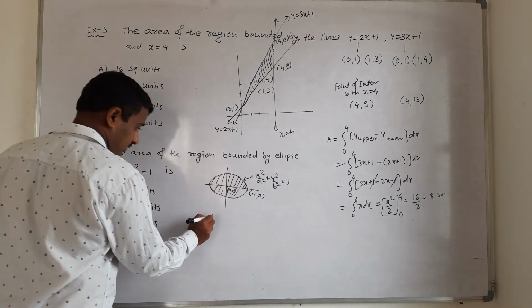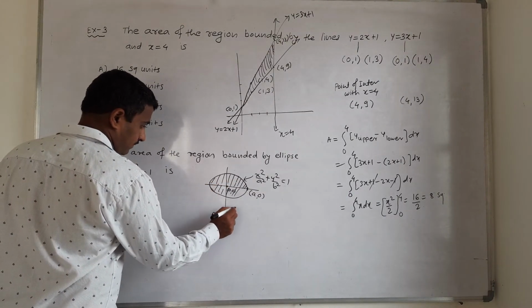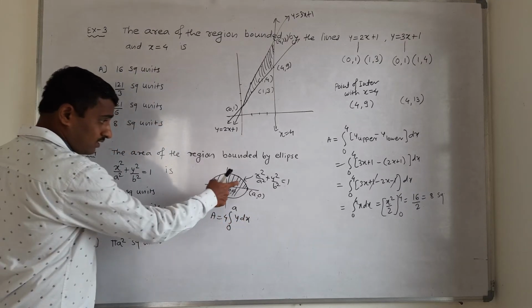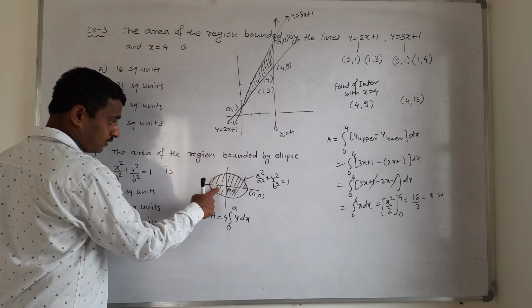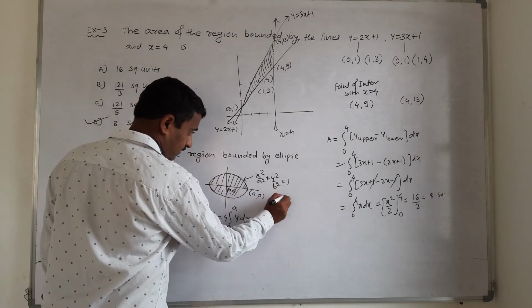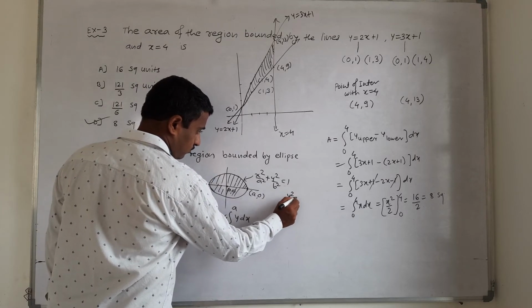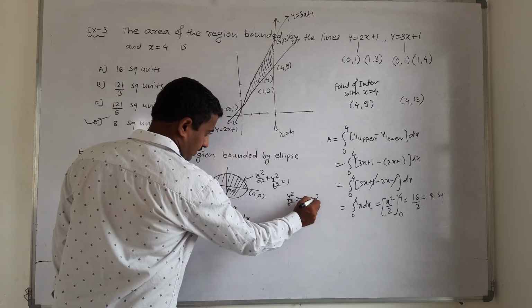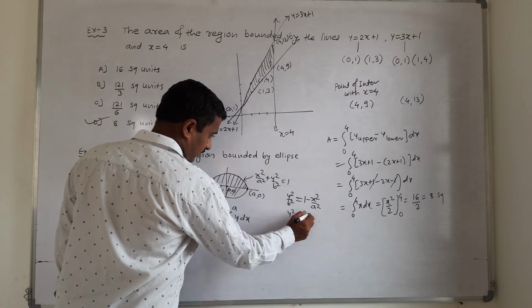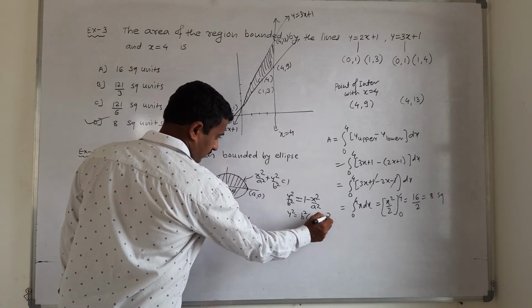That is, the required area is equal to 4 times the integral from 0 to a of y dx. It is symmetrical: 1, 2, 3, 4, therefore 4 times. Now write this in terms of y. I write y square by b square is equal to 1 minus x square by a square. That is, y square is equal to b square times a square minus x square by a square.